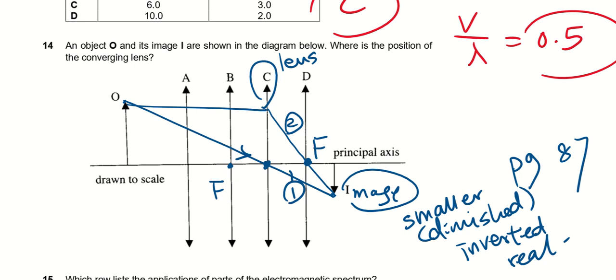Okay, I go back to here. This is where the light ray, after it goes parallel, cuts F and touches the image, right? So the point where it cuts is called a focal point. Every lens has 2 focal points, one on each side. So they must be equal distance, therefore this must be the other focal point. I'm telling you this. Can you now draw ray number 3?